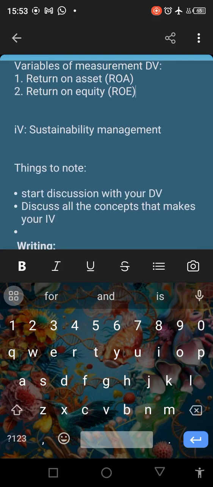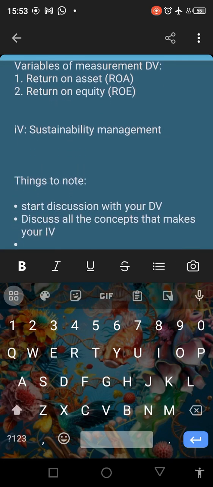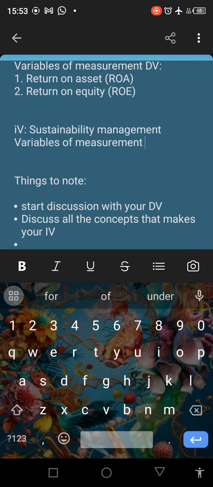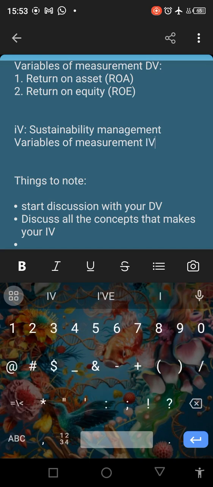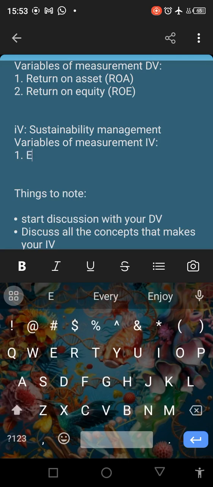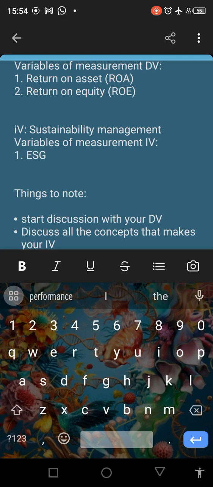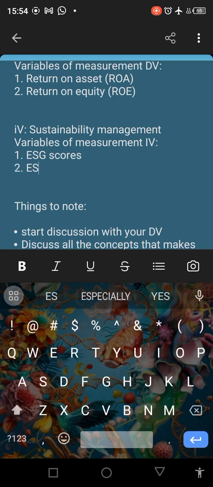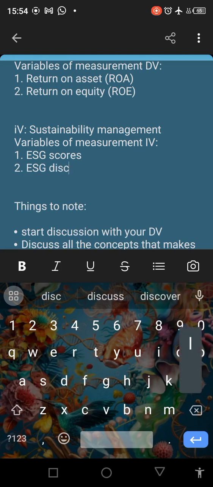And then for my independent variable, my variables of measurement are, let's assume, number 1, I have ESG scores. Number 2, I have ESG disclosures.